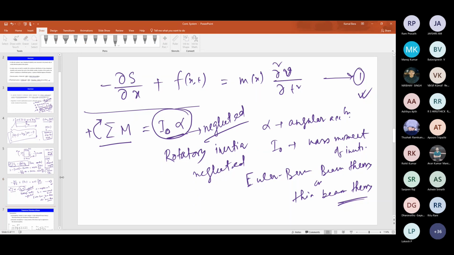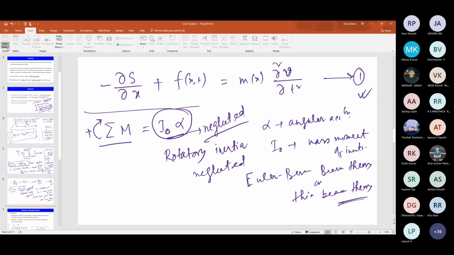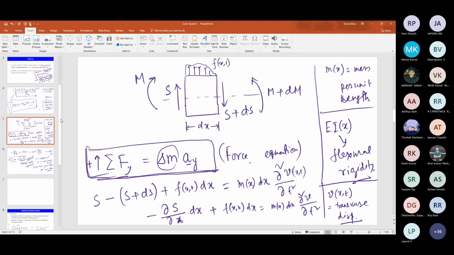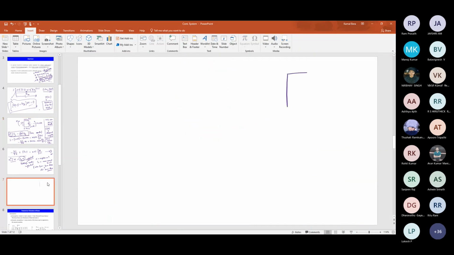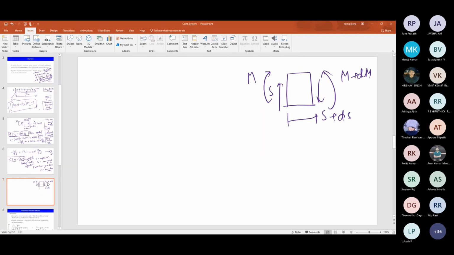So now what is the moment equilibrium? Please tell me, referring to the figure. Please note down the figure again. It is basically static. Let us take moment about this point O, moment of all the forces about this point, and tell me what you are getting. For your convenience, I am drawing the figure again here: M, M plus dM, S, S plus dS, this distance is dx, and the arbitrary force acting in the upward direction is f(x,t).